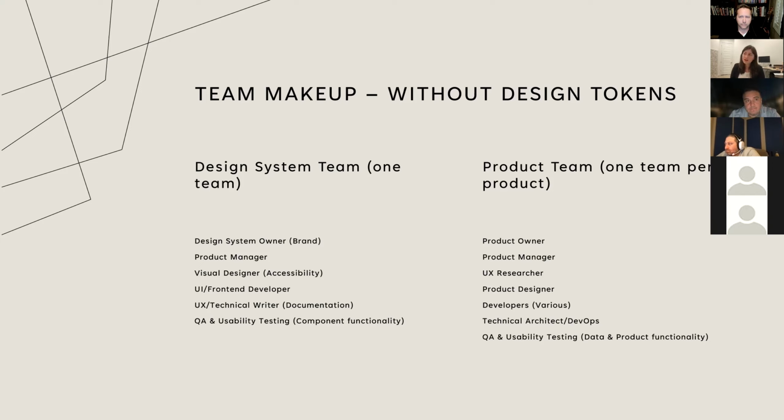Developers, depends on the product, but you need at least a front-end developer, probably back-end developer, maybe a data analytics person, usually a technical architect, and someone with the DevOps experience to get the app out into the user's hands. And again, QA and usability testing, but this time for the experience and business needs being met instead of just component functionality.